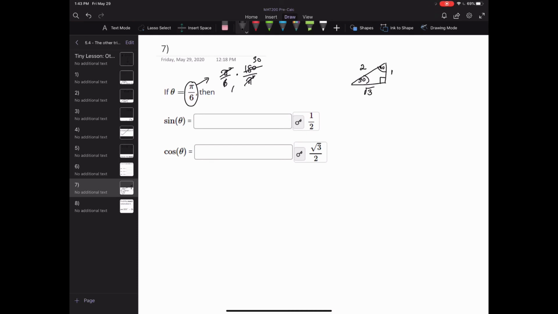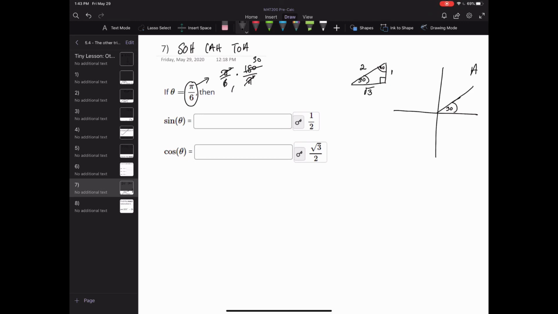Sine is opposite over, let me just write it, I'm getting tired. SOHCAHTOA, opposite over hypotenuse. Oh, and I should mention, we should have looked at this. 30 degrees, it lands right there. If it was more than 90, we would have to find a reference angle. Thankfully, it was just 30, so we could kind of work with it.